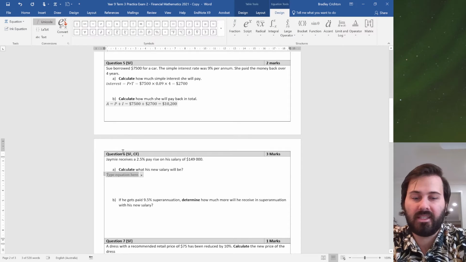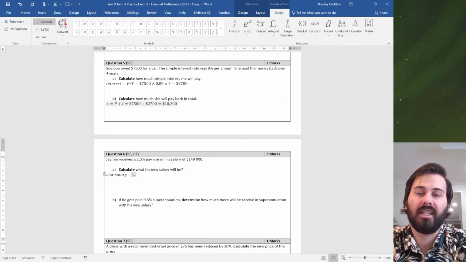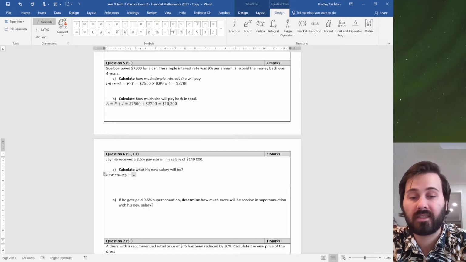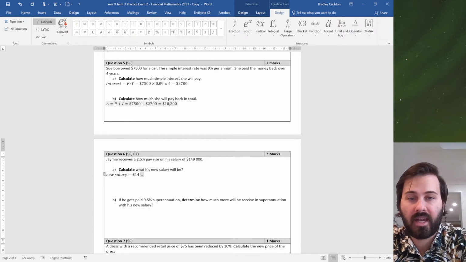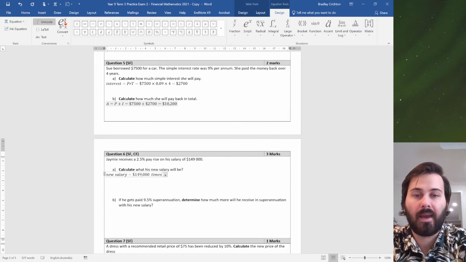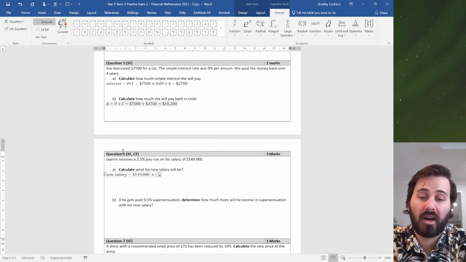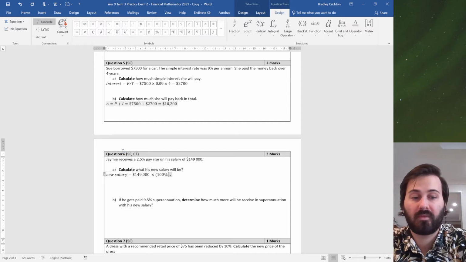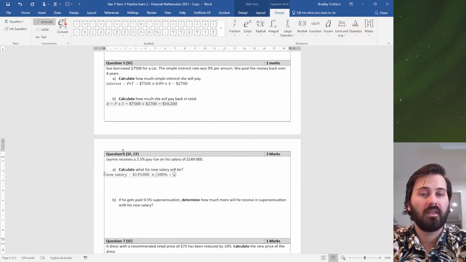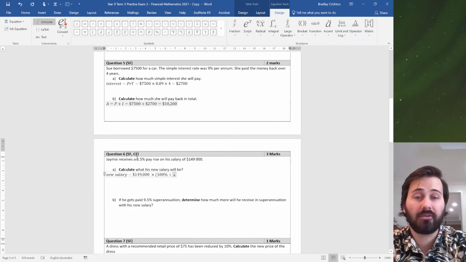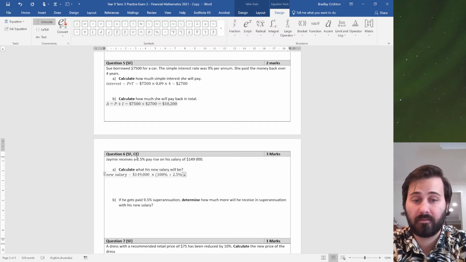So his new salary is equal to, now his old salary is $149,000, and we multiply that by 100% plus, in this case, profit margin, or the percentage profit, is the same as his pay rise of 2.5%.